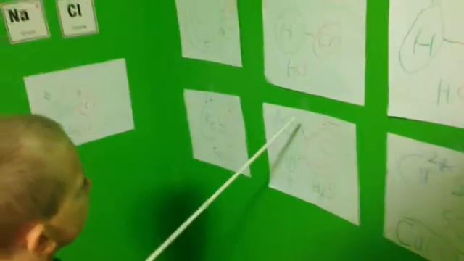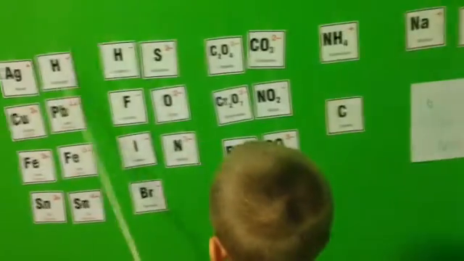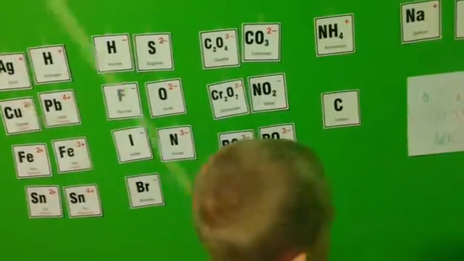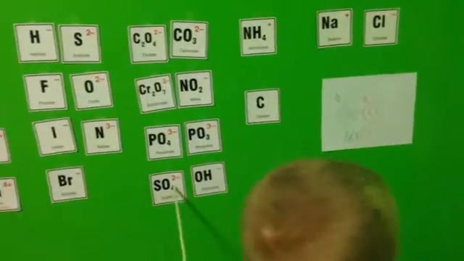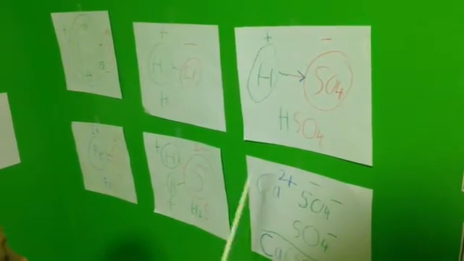Here is hydrosulfuric acid. There is 2 of these and 1 of these. So it's hydrogen sulfide, sometimes it's called that. Here's HSO4. Hydrogen sulfate, but it's called sulfuric acid.